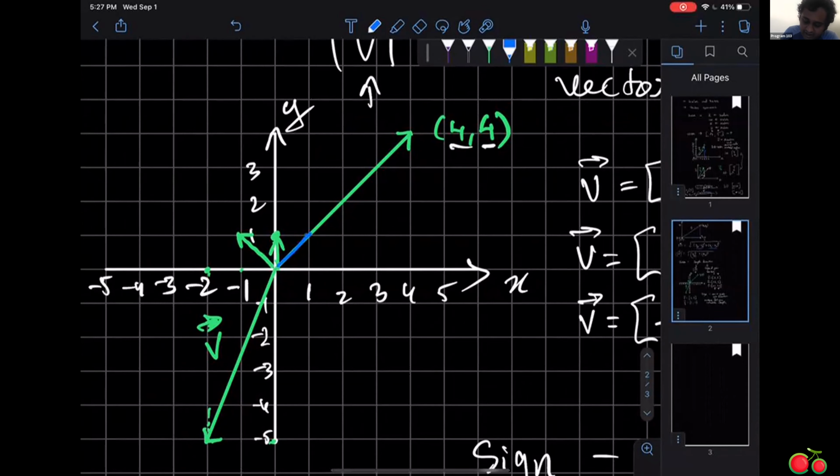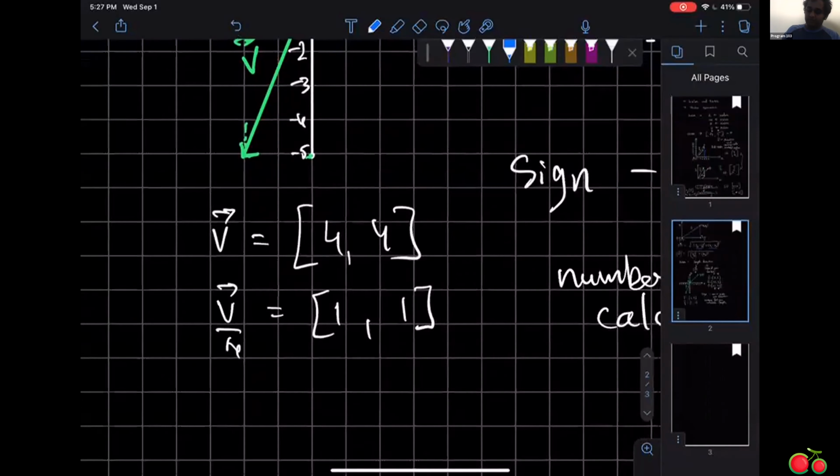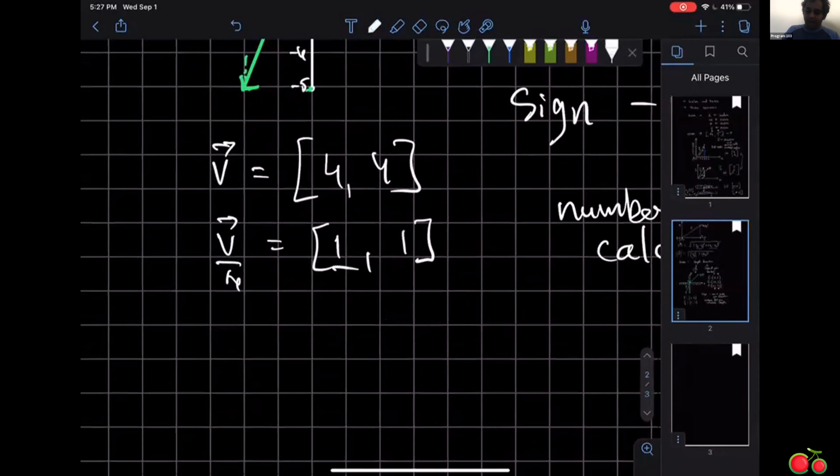I don't need the entire vector, okay? So I just need the 1, 1 to tell me the direction. So when you look at the magnitude of 1, 1, what is it? It's just 1 squared plus 1 squared, it's root of 2, right?